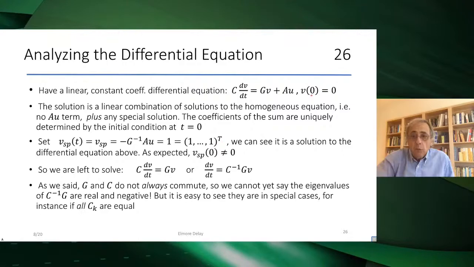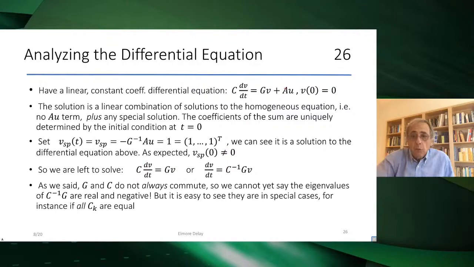It doesn't satisfy the initial condition, but it satisfies the differential equation. So if you put V equal to the constant, that is, if you think, the final value that the nodes are going to have when t approaches infinity, that's a special solution. So good. We're left with the homogeneous equation.